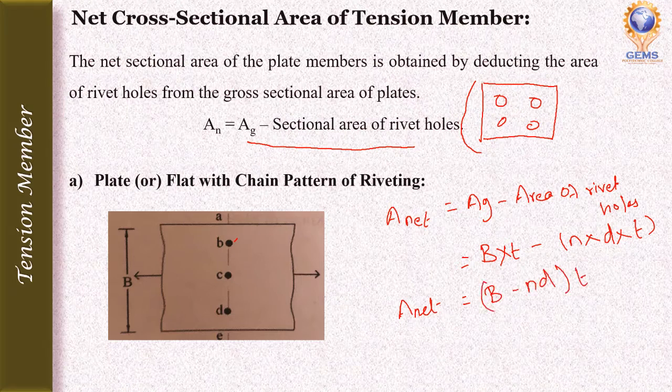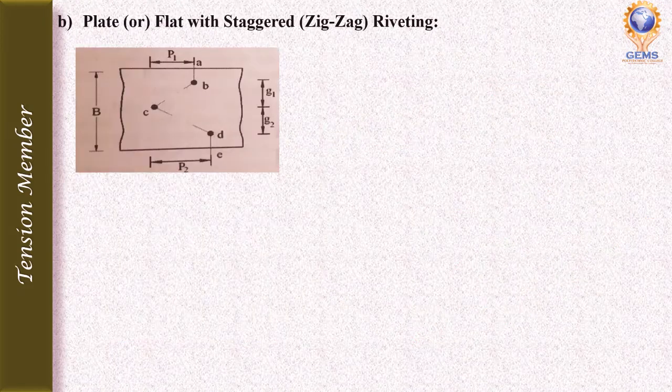So, this is the area of net when rivets are connected in a chain pattern on a plate or flat. If the same rivets are connected in a zigzag or staggered manner in a plate or flat, how can we find it?